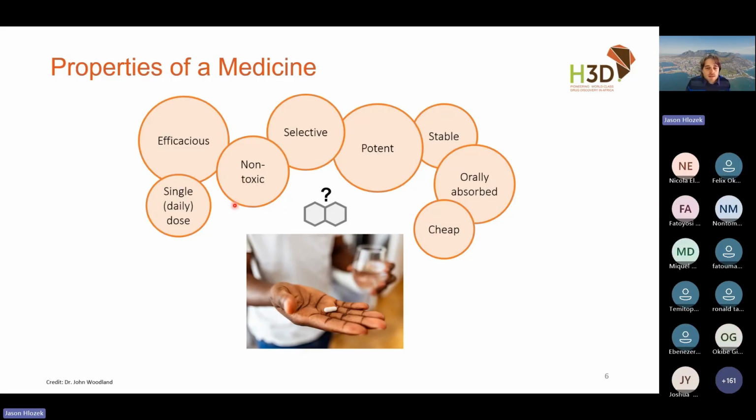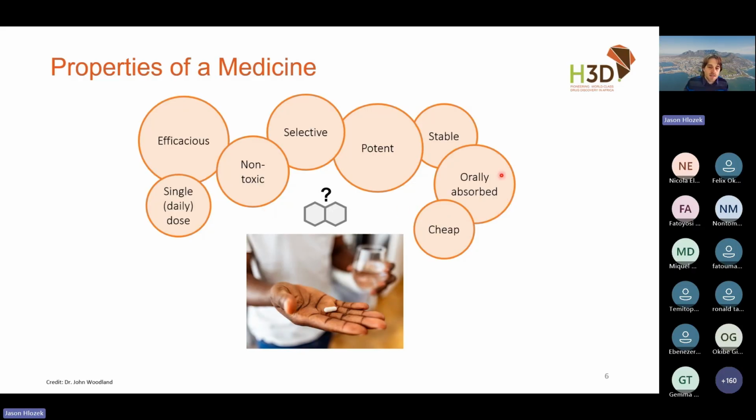Then there's other factors that go into this. So of course, cost is a factor. A lot of populations in Africa can't afford drastically expensive medicines. So ideally, you would like it to be in as few doses as possible, which is both tolerable for the patient and then cheaper to manufacture.